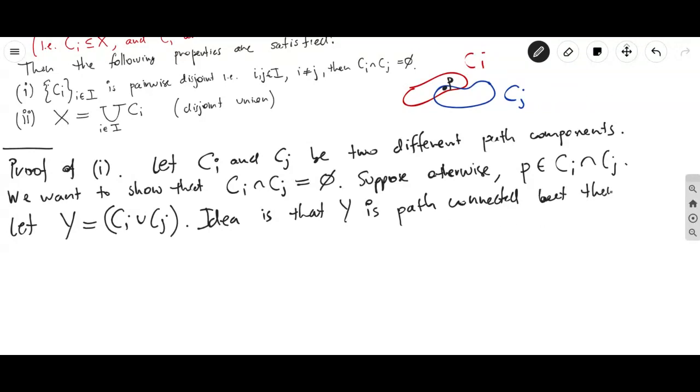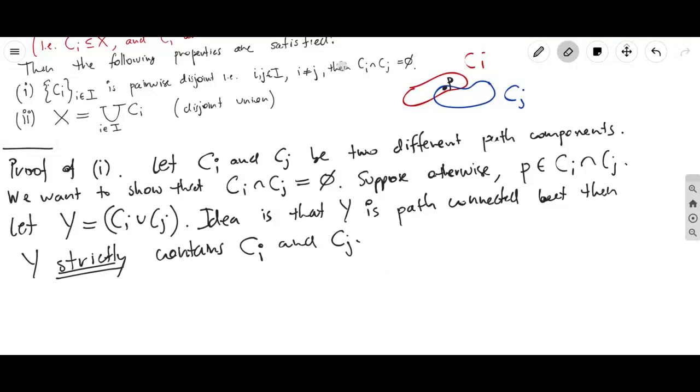But then Y strictly contains Ci and Cj. Because you see, Ci is not equal to Cj. So when you take the union, you're not taking the union of the same set with itself. It's a union of two different sets. So when you take the union, you're getting a set which properly contains Ci and Cj.